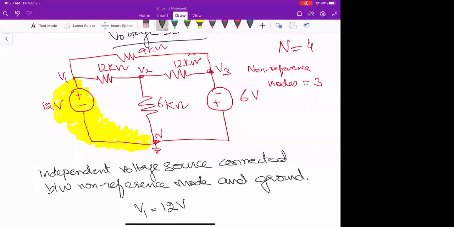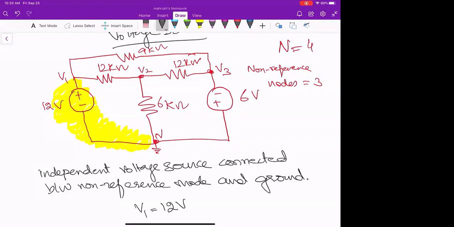What do you think? So my V1 is 12 volts, right? Yeah, I think so.